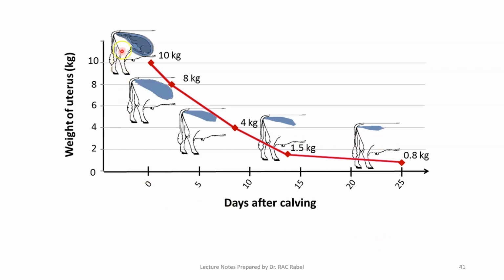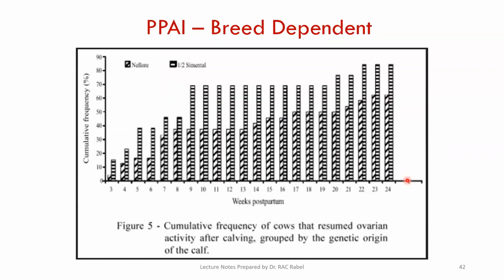And this doesn't happen overnight. So until then, there is a refractory period or a resting period, or restoration of the uterus, right? That is why the animal will not come into heat in these days, postpartum anestrus, right? And even the hormones have to come back to normal, right? So this postpartum anestrus interval is dependent on so many things here, comparing Bos indicus breeds, Nellore, and Simmental, right?